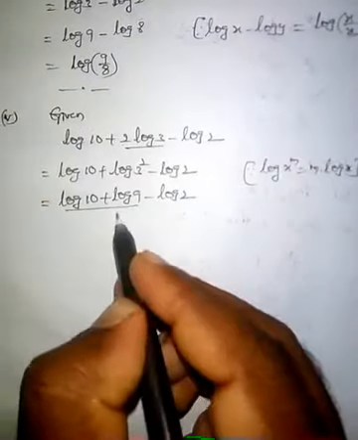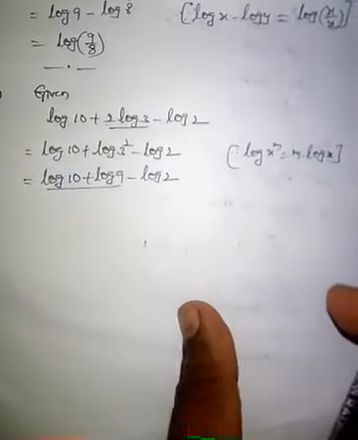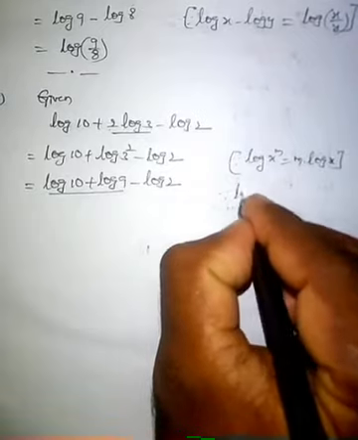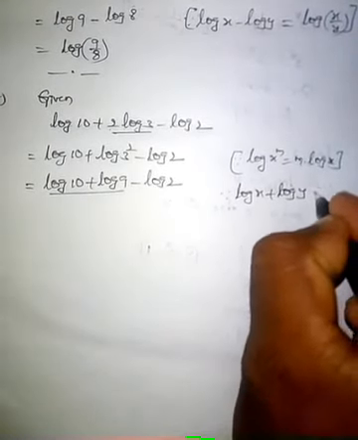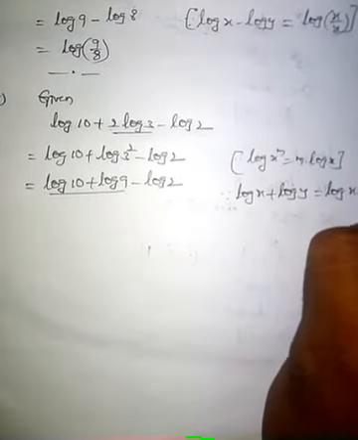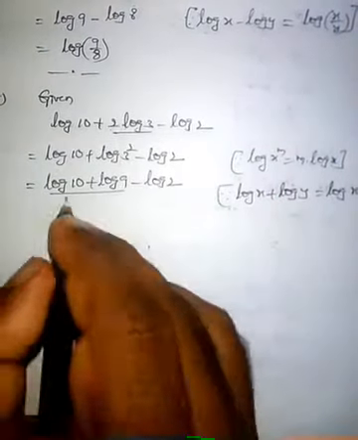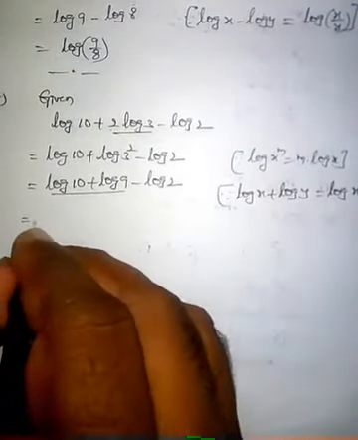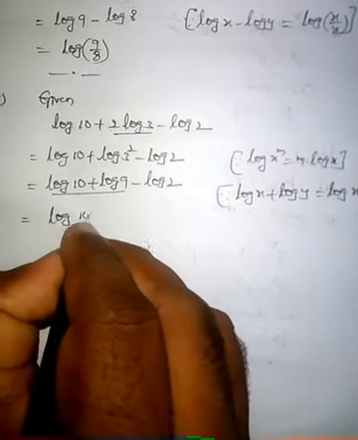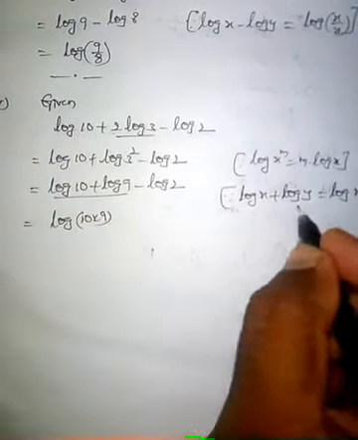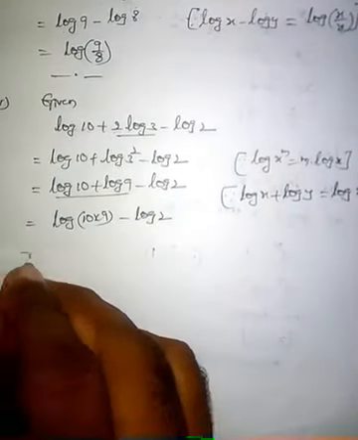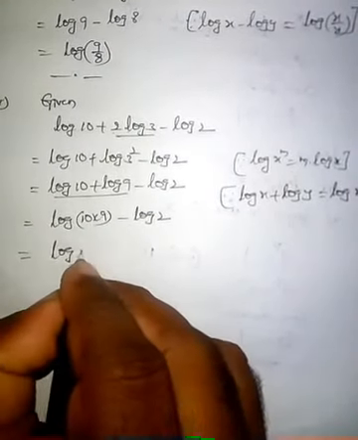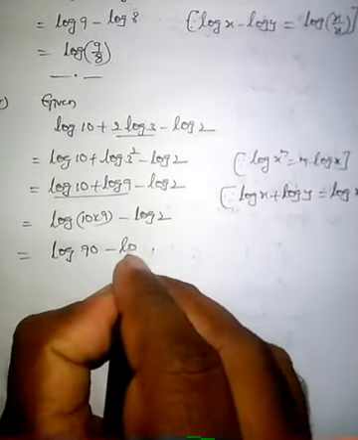The first two values are in the form of log x plus log y, so you can write log xy, since log x plus log y equals log x into y. So you can simplify the first two logarithms as log 10 into 9, according to the formula, and write the minus log 2 as it is. That is log 90 minus log 2.